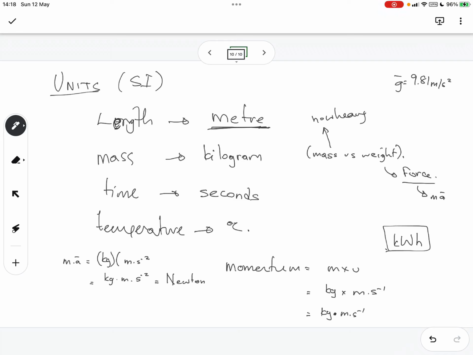2.5 times 10 to the 6 Newton can be 2.5 meganewton, which is useful if you're going to work out the forces and the stresses on a building. It can be a dam, it can be a high-rise building.